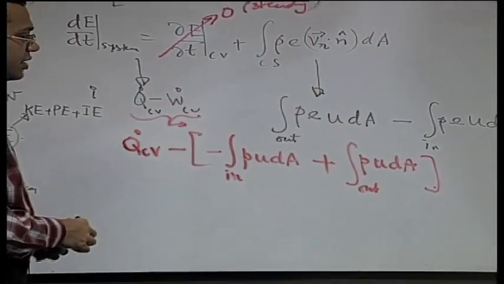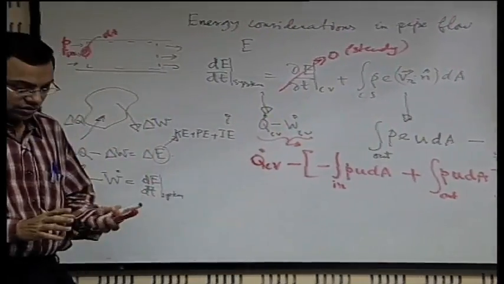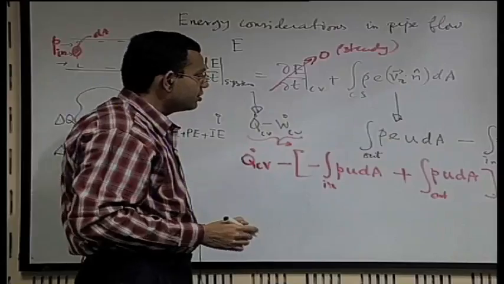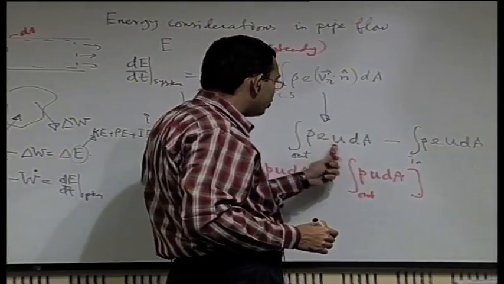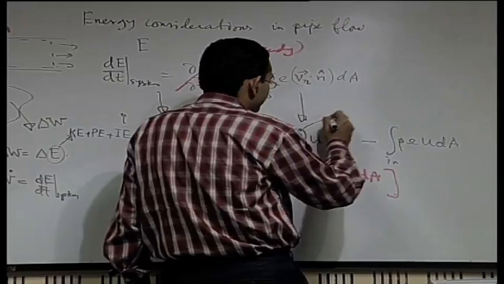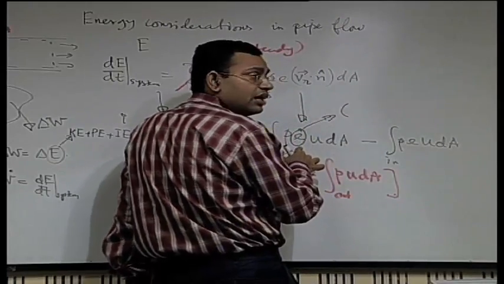Now the next thing is we are assuming that rho is a constant for this discussion. So when rho is a constant, we can take rho out of the integration. In place of E, what can we write? This is energy per unit mass.